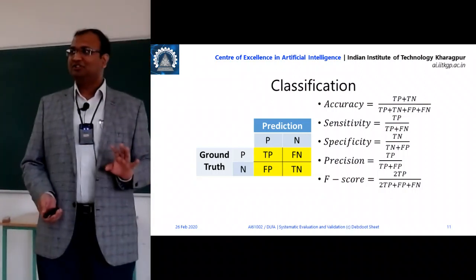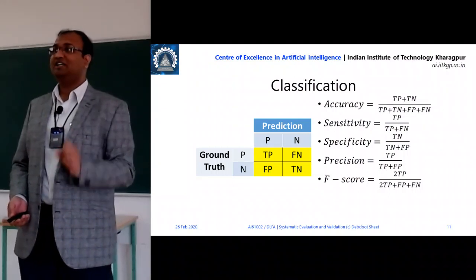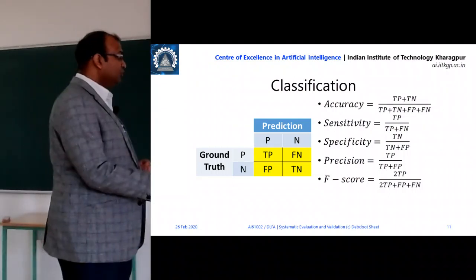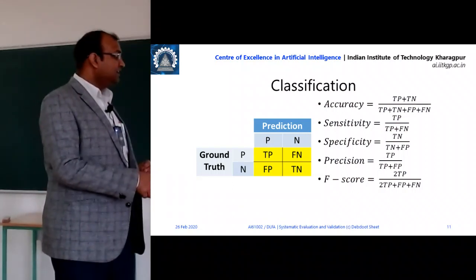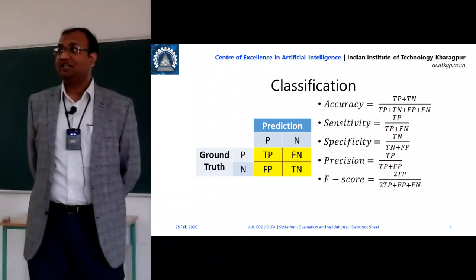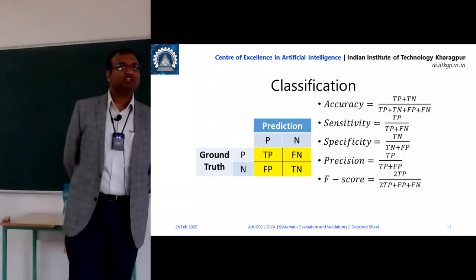So now the issue is how do we really capture all of these cases which are related to the minority class, and that's where the other metrics come in. Out of these metrics, a very critical metric is what is called the F-score, which by virtue of all of this is agnostic to the class distribution.